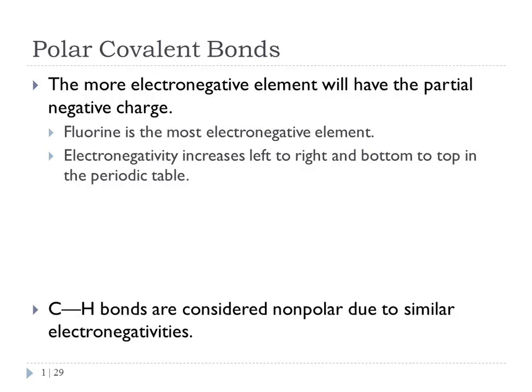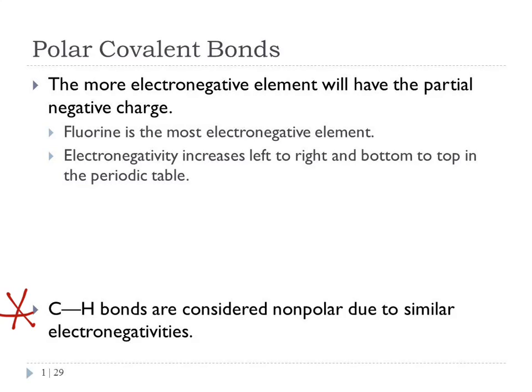We'll just kind of skip that one. And this is where I was combining slides and things get kind of messed up. But this is important, this guy right here. Carbon-hydrogen bonds are considered nonpolar because their electronegativities are similar.